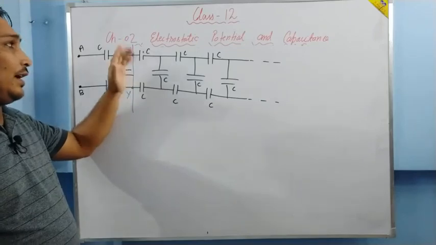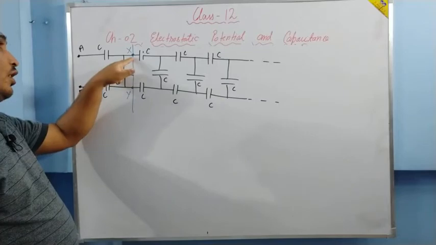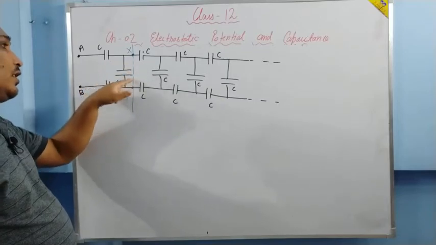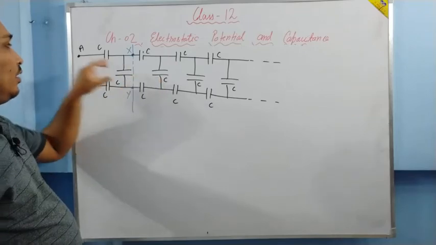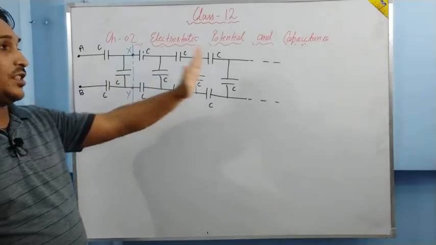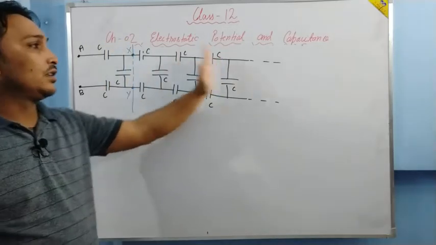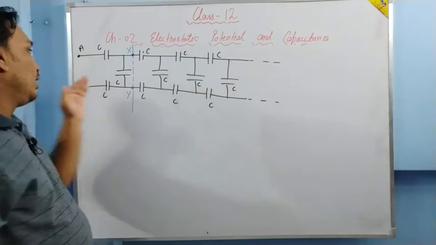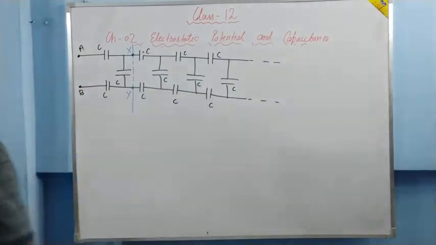And the question diagram is the same as given here. First capacitor C, then the mid one. Here C, then mid one. So the question diagram is the same. If we split the ladder from here, then this infinite expansion and from here infinite expansion, they will have the same value.